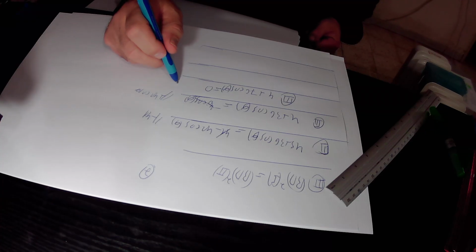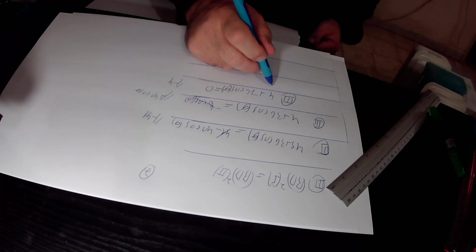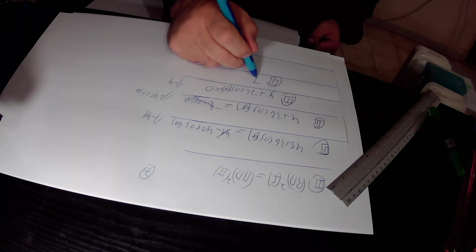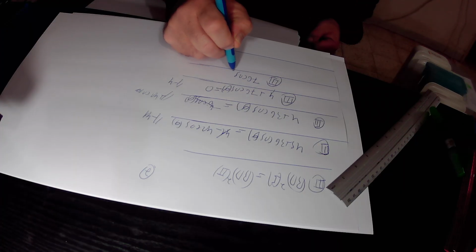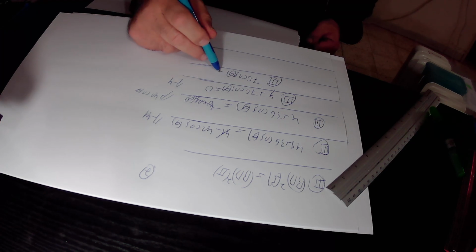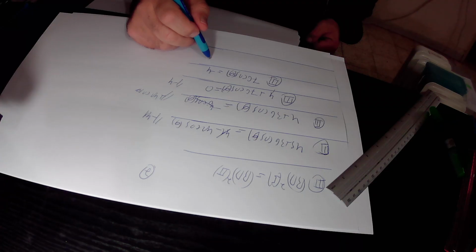So here we subtract 4 from both sides of equation 3. The 4 gets cancelled, so we are left only with 76 times cosine alpha, and on the other side, 0 minus 4 is minus 4. So in total, we found out that 76 times cosine alpha equals minus 4.